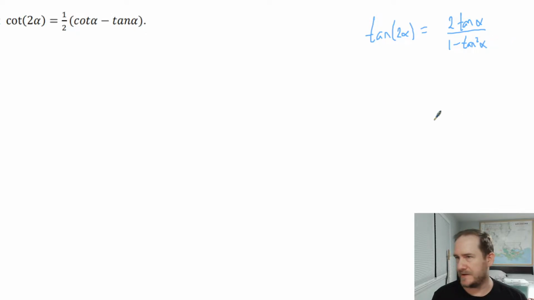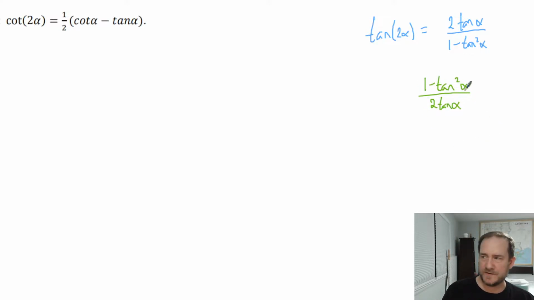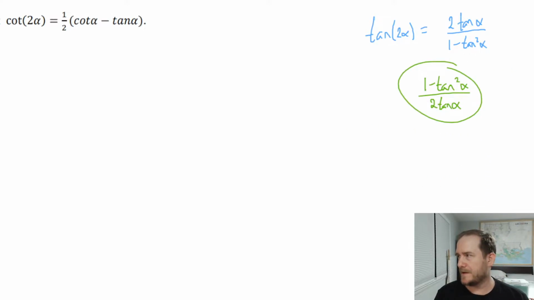So basically, in this identity, you should be focused on trying to get to 1 minus tan squared alpha over 2 tan alpha, because from there you could definitely say, all right, that's 1 over tan, which is cotan. So we're hoping to get there, and it doesn't seem like it should be too bad, right?